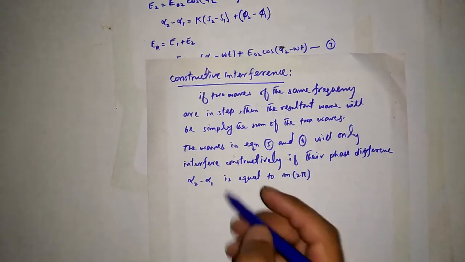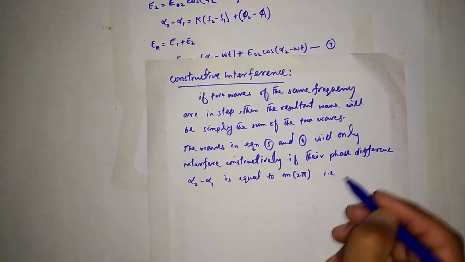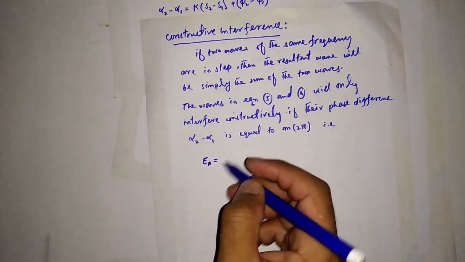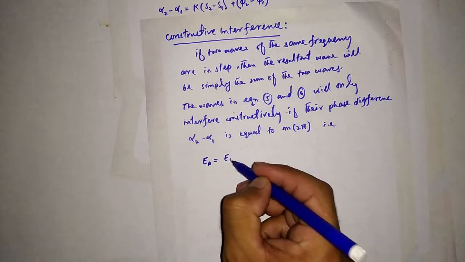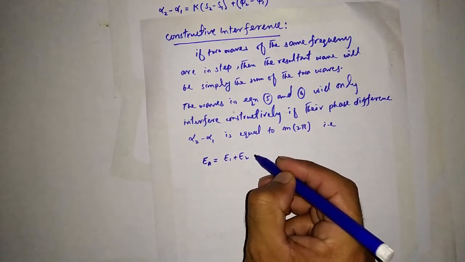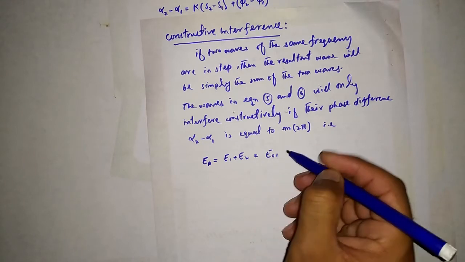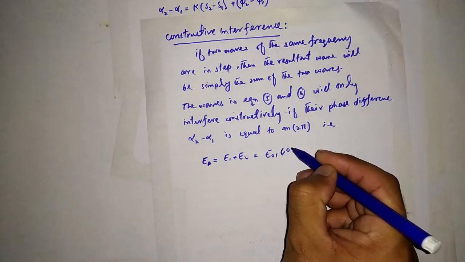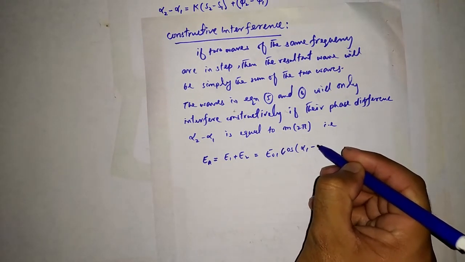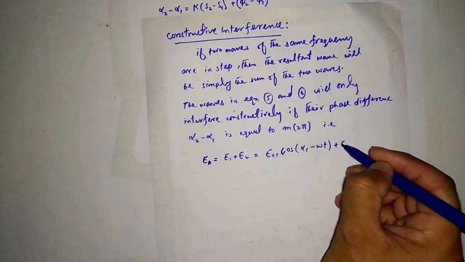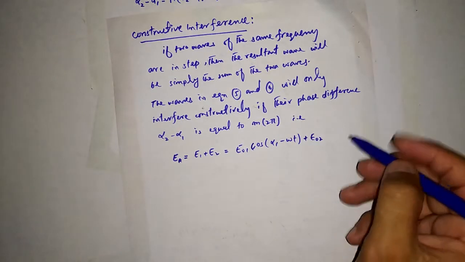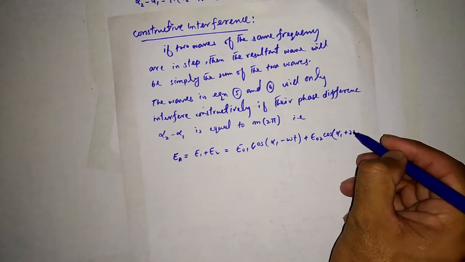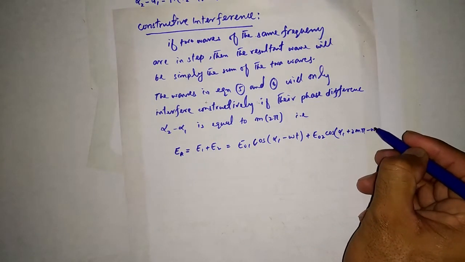That means that the resultant wave will be equal to E1 plus E2, which is E01 cos of alpha 1 minus omega t plus E02 cos of alpha 1 plus 2m pi minus omega t.